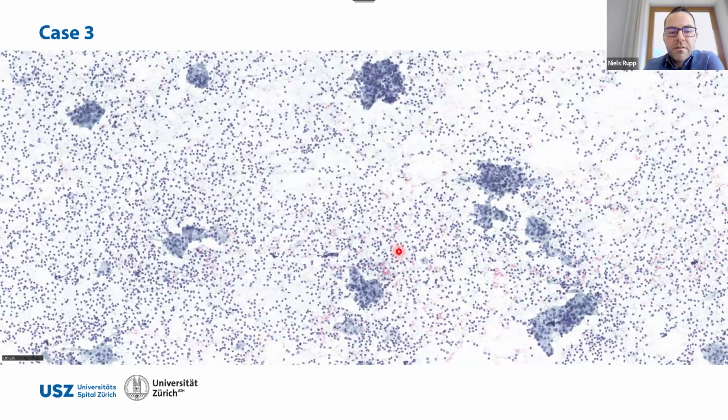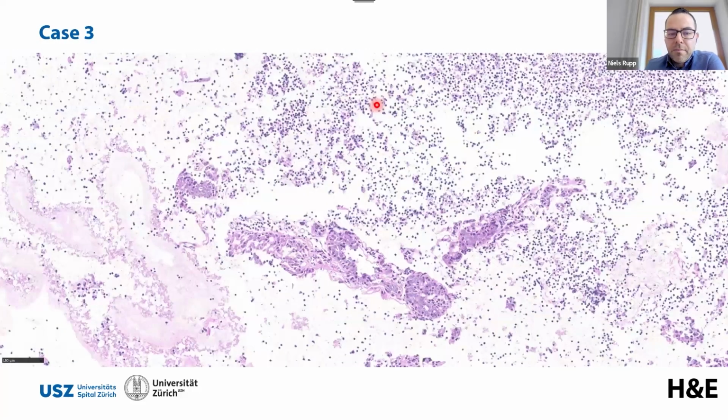In this case, you can already see a very lymphoid background, and here these epithelial complexes. In the cell block specimen, which is shown here, you may already be able to appreciate some zymogen granules.